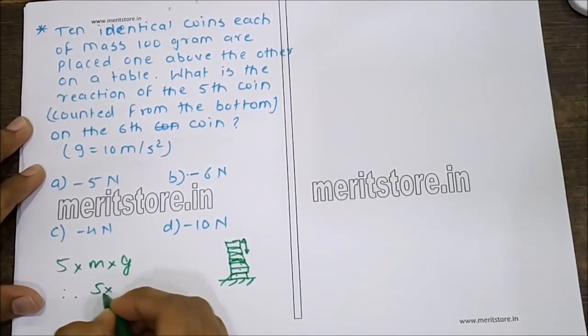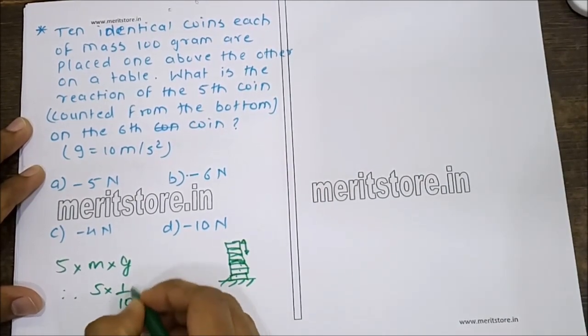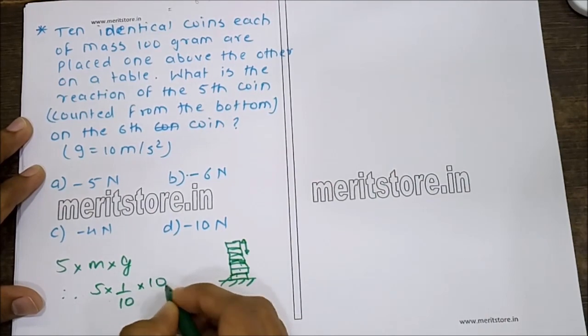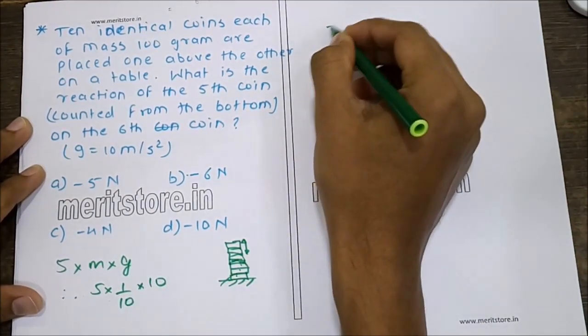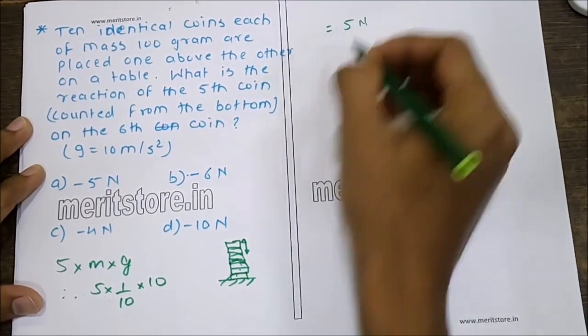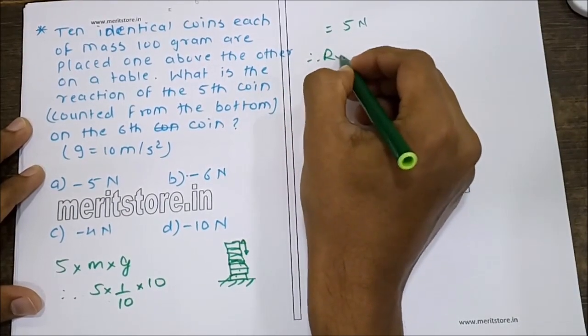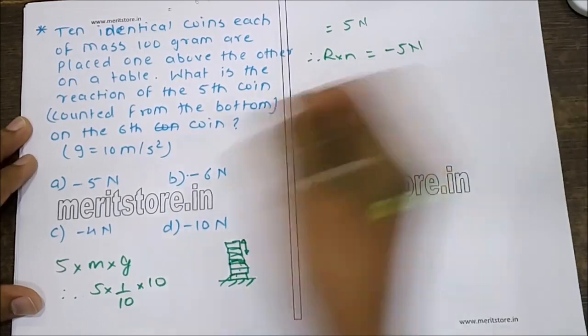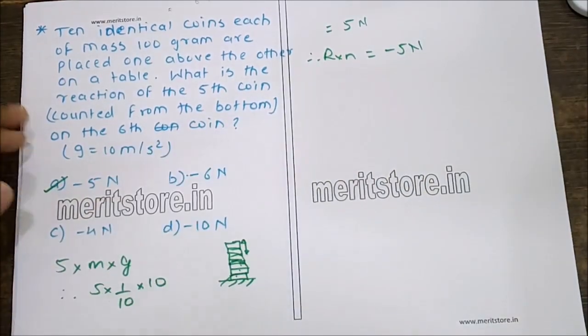So 5 into mass, it is 1/10 kg, 100 grams is written as 1/10 kg, into g is 10. So it has to support a total weight of 5 newtons. So the reaction that needs to be provided is in the opposite direction, that is minus 5 newtons. Hence option A is the correct answer.